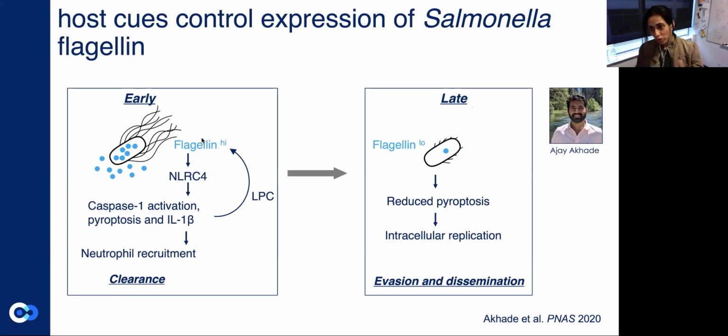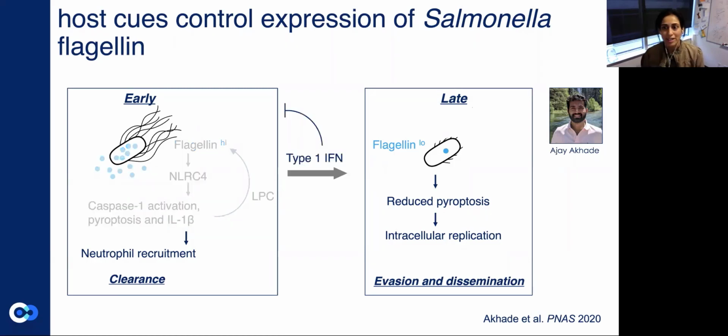And as infection progresses, the host actually produces type 1 interferons that dampen this whole axis, essentially. And so we think the host has evolved this mechanism as a protection, basically, right? Because you don't want every single one of your cells to pop dead through NLRC4 activation.